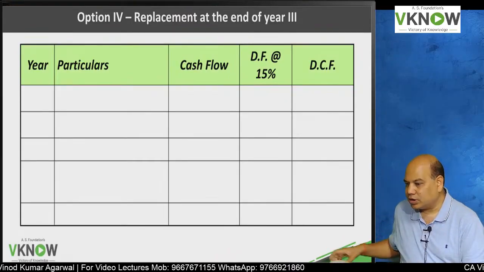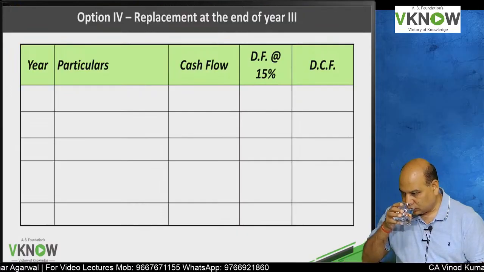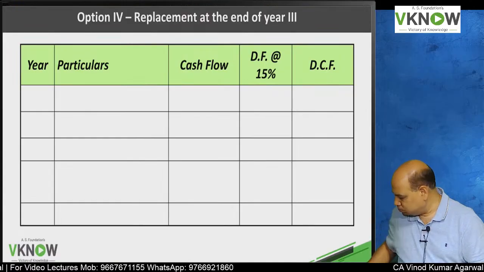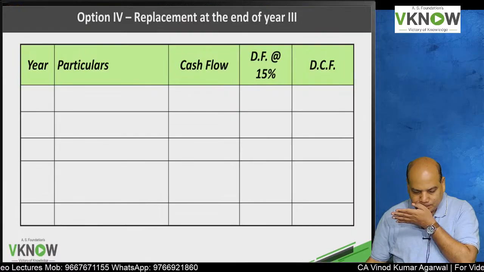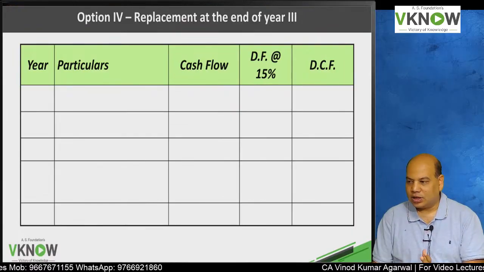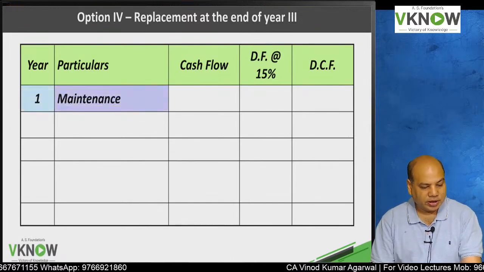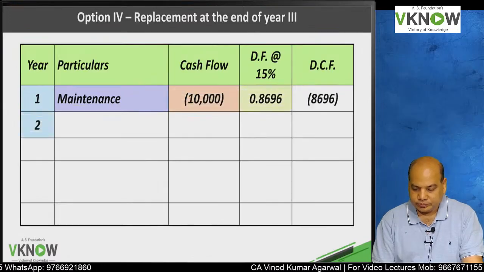Now write down replacement at the end of year 3. First you are going to incur maintenance cost 10,000, same factor, same value.